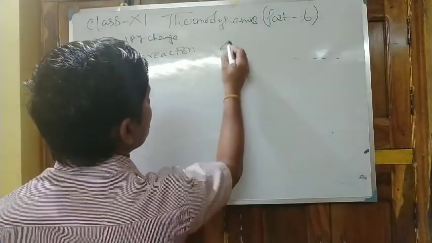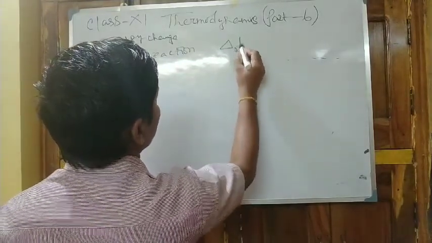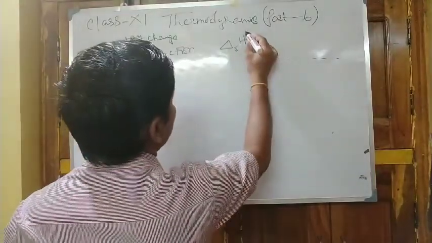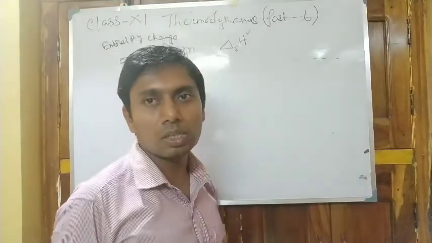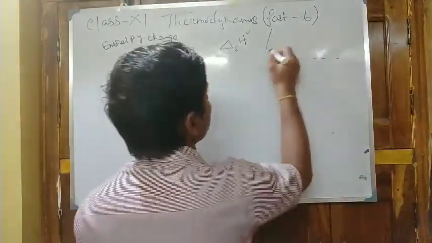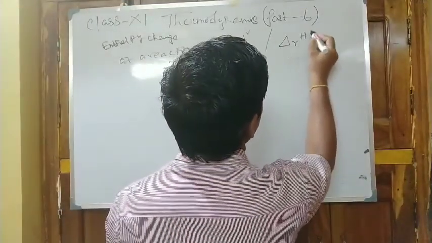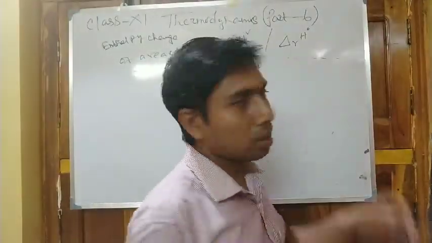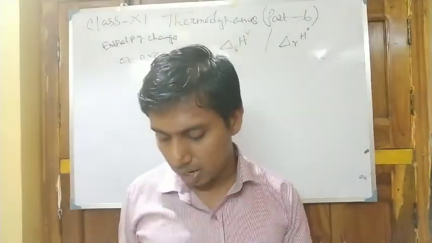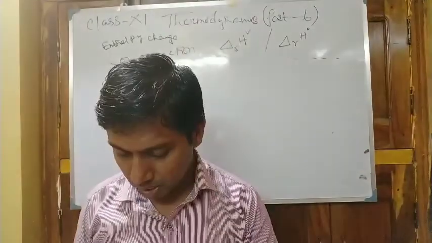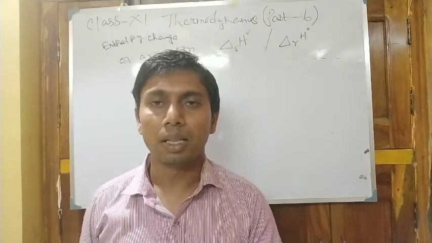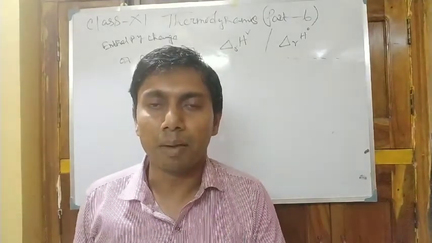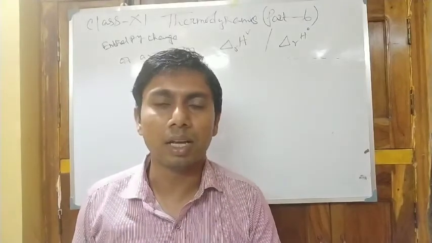It is symbolized as delta rH, and if it is given in the standard state, then the denotation is a superscript 0 or V, or sometimes delta rH at the standard state. So 0 or V indicates that they are in the standard state. What does standard state mean? Standard state means an optimum temperature and pressure is maintained during this reaction.